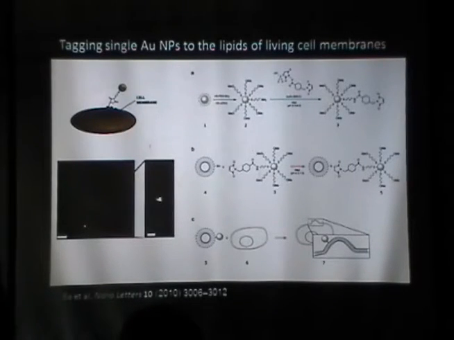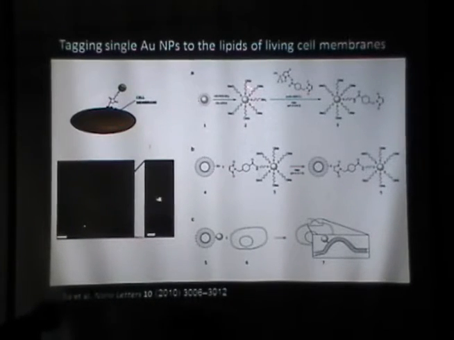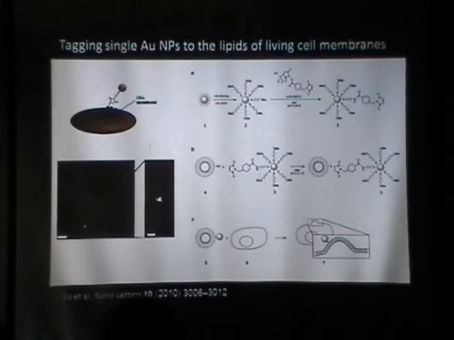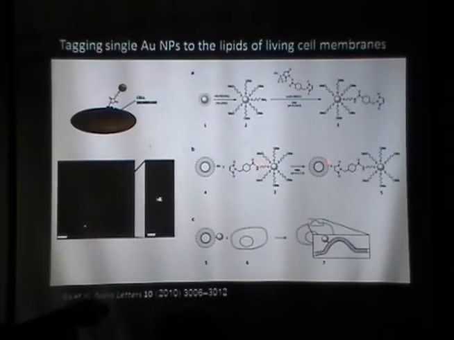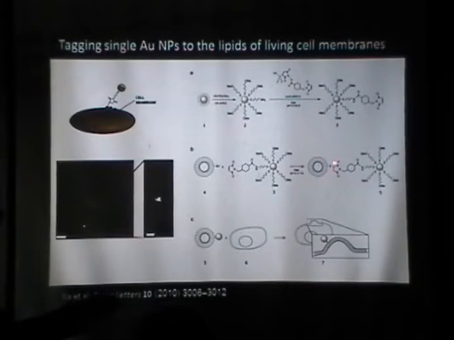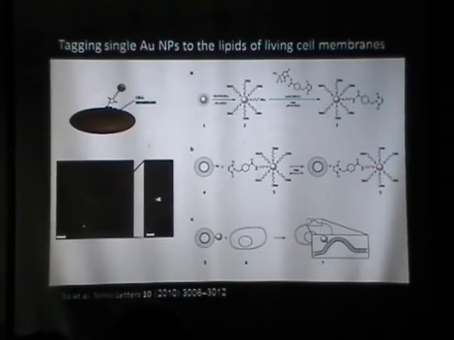you need to do some more chemistry. This has nothing to do with the optical properties, but is just to tell you that one can do many things on the surface of nanoparticles to really bring them to the surface of a cell. It's not just a crazy idea. In this case, we did several steps in order to get a small vesicle of phospholipids where we had bound to it only one nanoparticle.